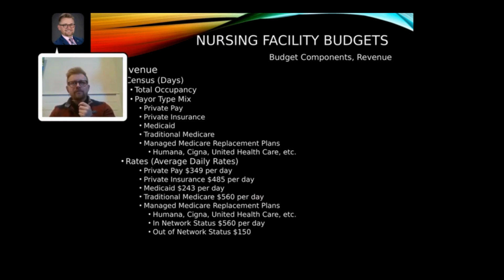Again, it's a simple concept, but when you dive into the weeds of it, obviously we're not going to have 15 Medicare every day, and we're not going to have a 560 day rate for every single Medicare patient, right? Those are based upon averages. So you take your patient days times your budgeted rate, and that gives you the budgeted revenue for your facility.